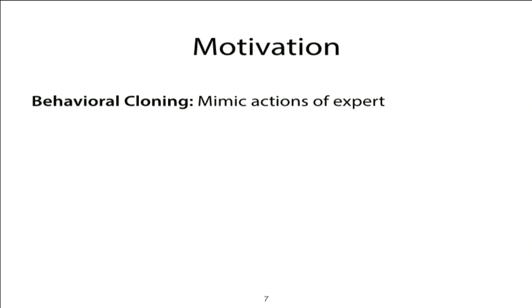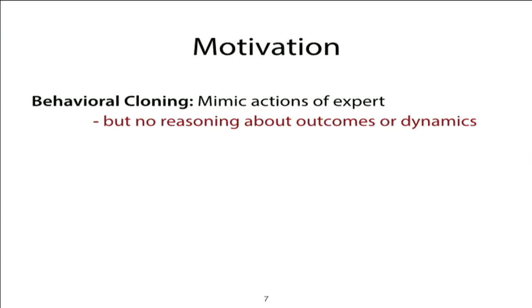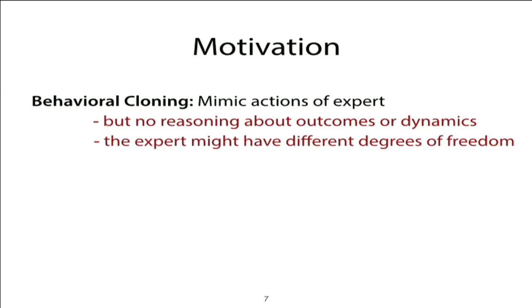The goal is to achieve the outcome that the expert achieved. With behavioral cloning, there's no reasoning about outcomes, about what actually happens at the end of the task, and no reasoning about actually how you get there, about the dynamics. And the expert, as I mentioned before, might have different degrees of freedom of how you accomplish that task.